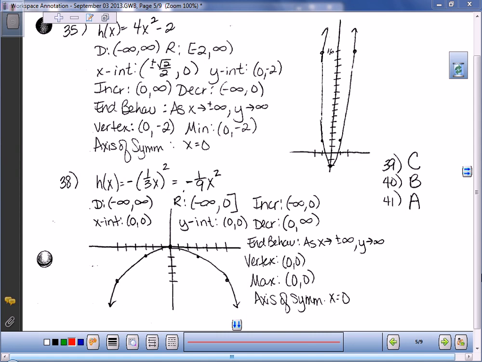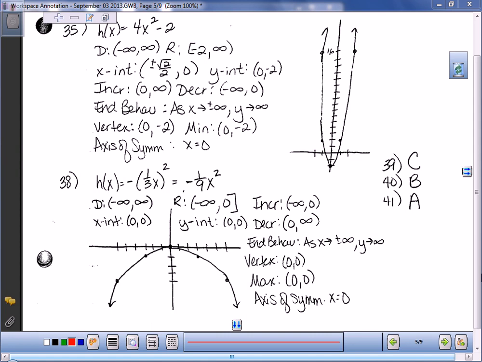And so what you probably wrote was the parent graph is shifted down 2 and it's vertically stretched by a factor of 4. And then on 38, what you should have written was there is a horizontal stretch by a factor of 3, and it's reflected over the x-axis.